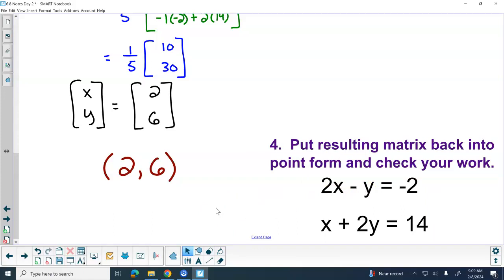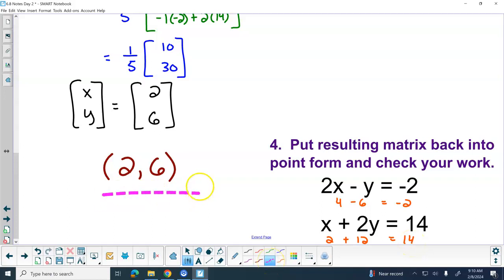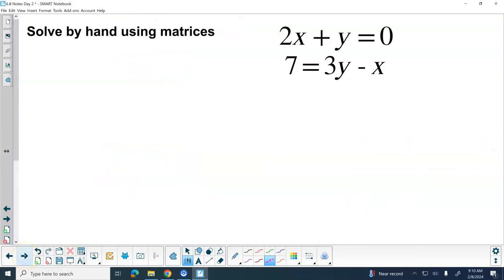Minus 6 is negative 2. And negative 2 is equal to negative 2. 2 is 2. 2 times 6 is 12. 2 plus 12 is 14. Checks out. There's that.